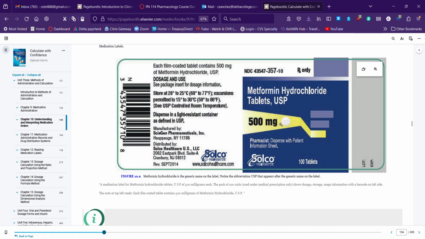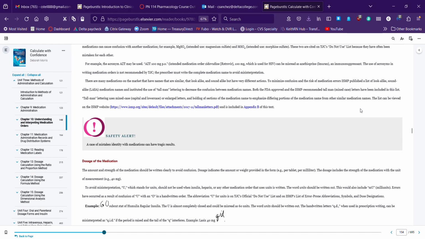So they are 500 milligram tablets. Again, it's going to give additional information over here, and then there's usually going to be an expiration date. So anytime you give any medications, you always want to check that expiration date, because you want to make sure, number one, that you're not giving something that's expired, because if it's expired, it's not going to be as effective. And some medications turn toxic when they expire.